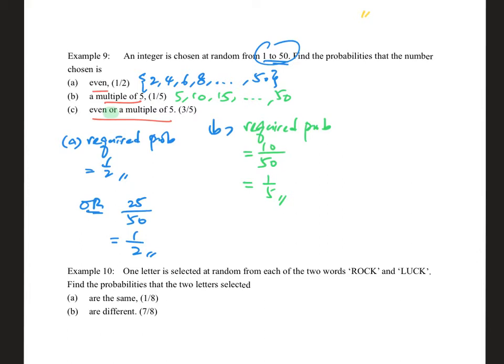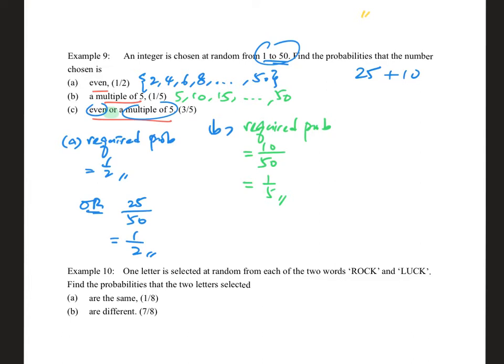In this case, you can count once again. Even numbers, you have 25 of them, multiples of 5, there are 10 of them, so you are supposed to have 35 numbers, isn't it?